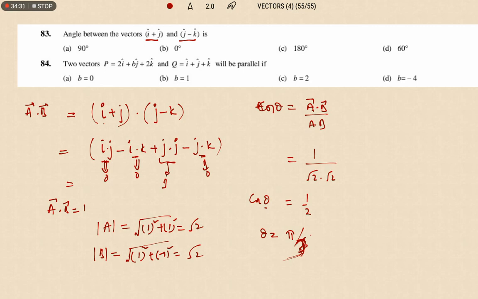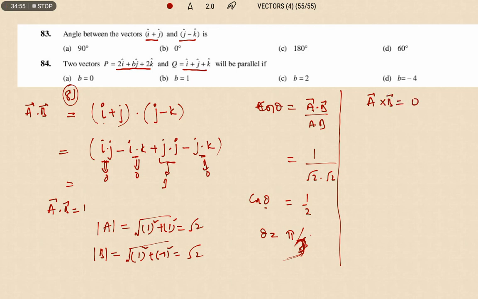Similarly, here one more problem is given. If the two vectors 2i plus bj plus 2k and i plus j plus k are parallel, then when will the vectors be parallel? If the cross product between them is equal to 0.